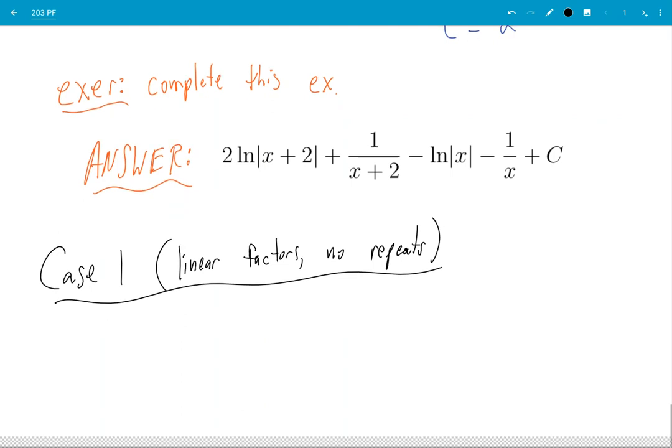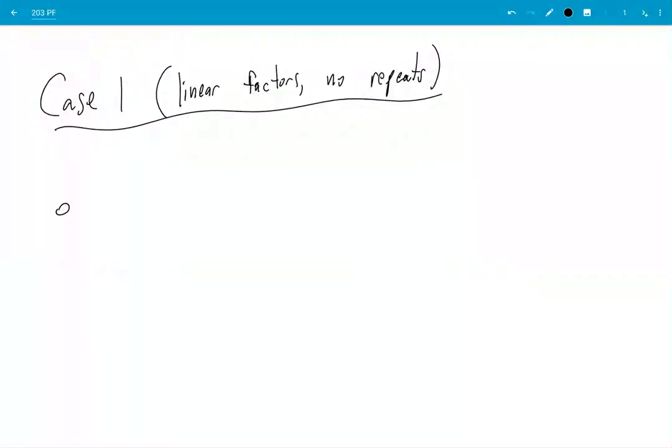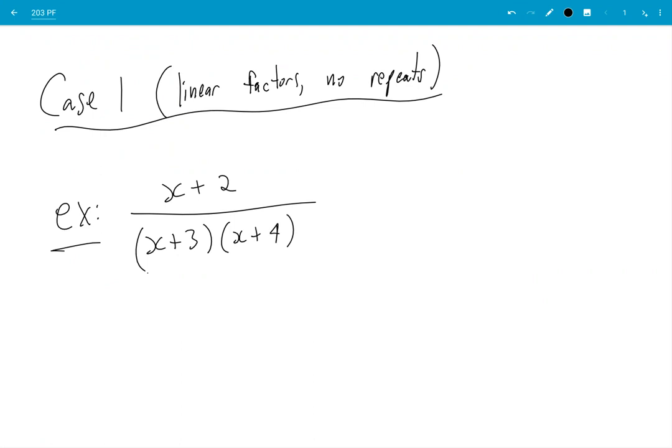So, an example is x plus 2, whatever. So it's going to be something over x plus 3 plus something over x plus 4.